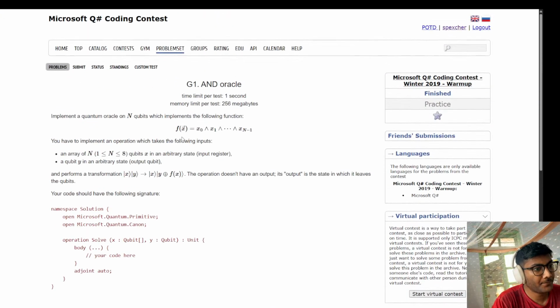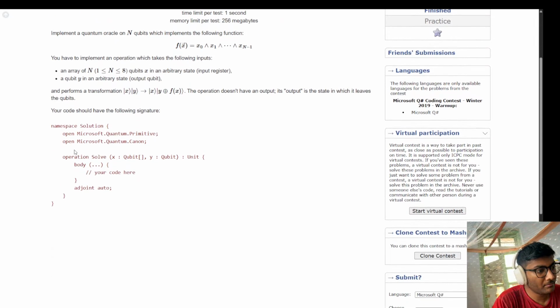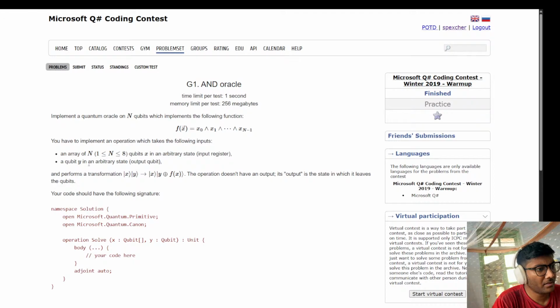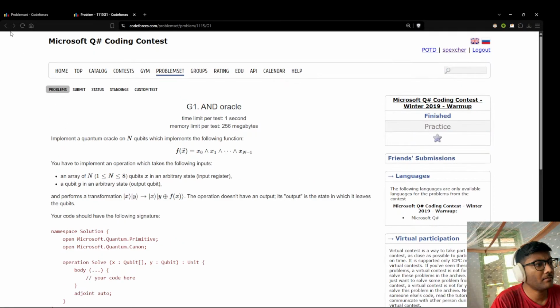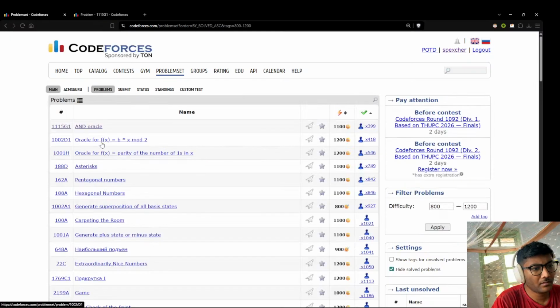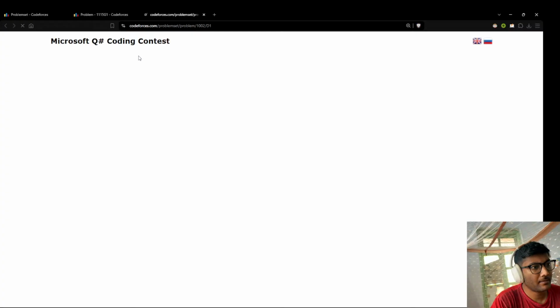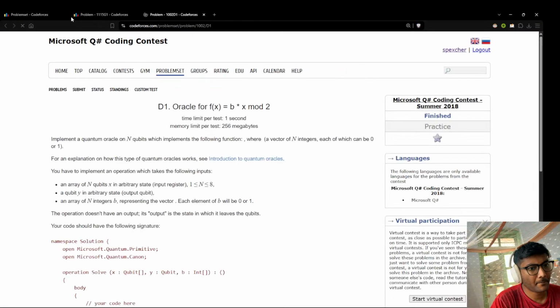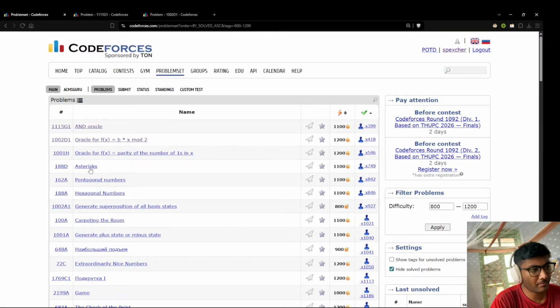My code should have the following signature. This does not look like a standard problem. Let's see something else like oracle for this. And let's not solve from this.